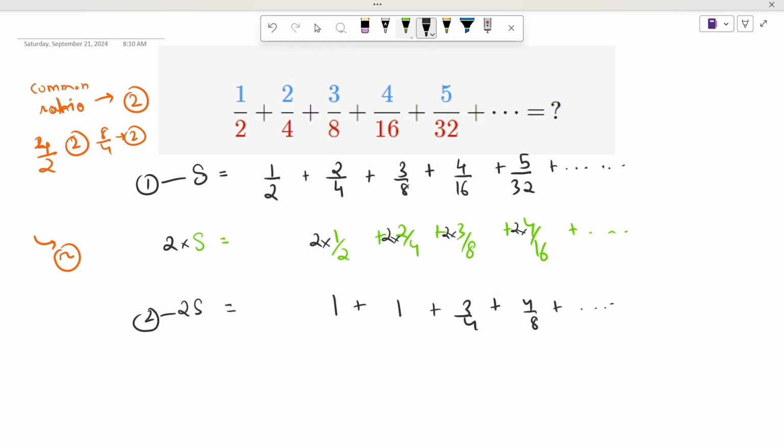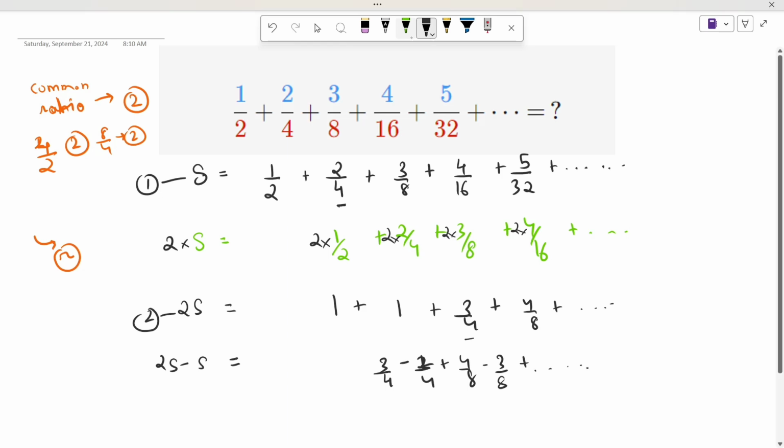So 2s minus s is equal to, from these terms, 3 upon 4 minus 2 upon 4, then 4 upon 8 minus 3 upon 8, and then we'll have some terms and it will go on.